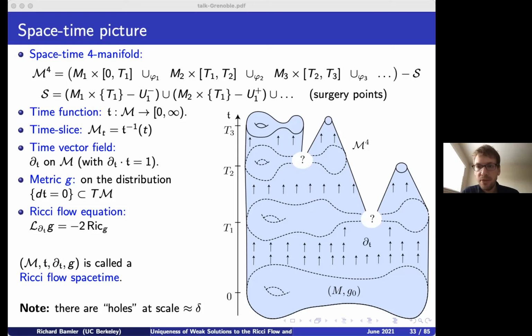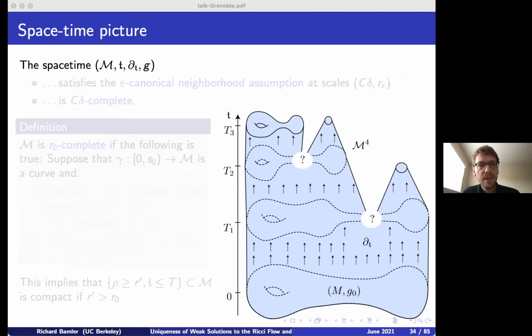Okay. Let's recap. So what are the properties of the spacetime? There are two interesting properties. First of all, this spacetime satisfies the epsilon canonical neighborhood assumption at certain scales. So let's just recall what this was.